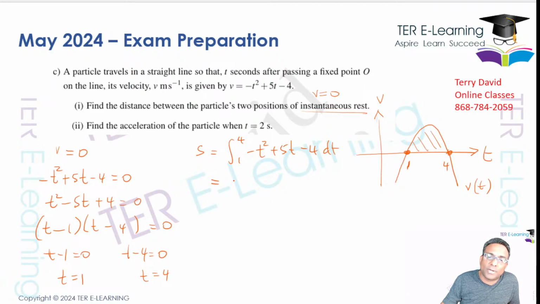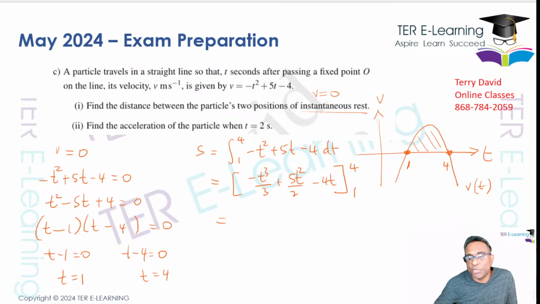If I integrate this, I'm going to get minus t cubed over 3 plus 5t squared over 2 minus 4t, and your limits will be 4 and 1. Could you all work that out for me? Work out that actual value for me.